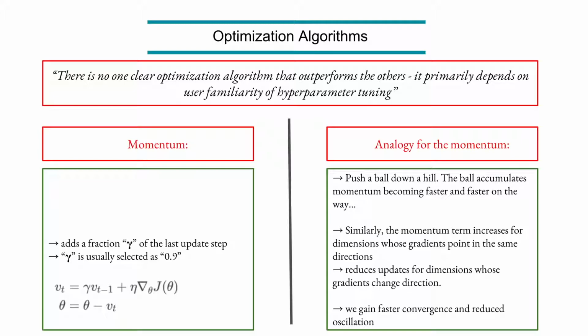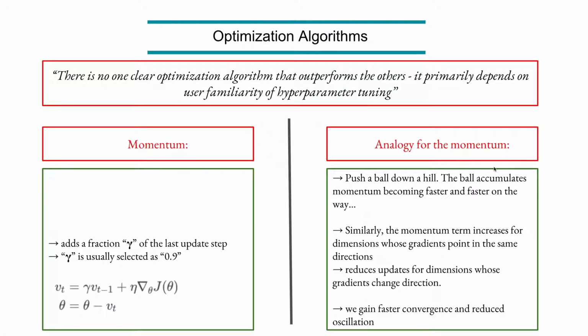Like we had in stochastic gradient descent, we updated the weights with the last iteration's information, but here momentum uses the previous update information and adds it to the current one. What does it mean?